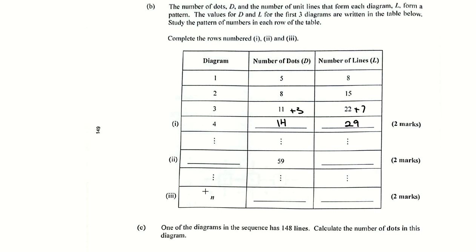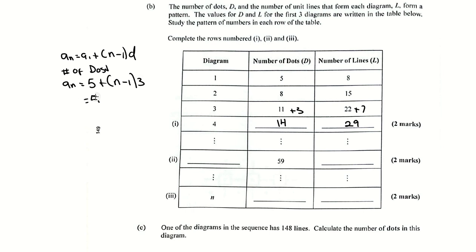Right, part 3, we'll do this part first and then this. To find the formula, you need to know this formula here: the nth term a_n equals a_1 plus n minus 1 times the common difference d. If we're looking at number of dots, a_1 is your first term, so your nth term would be 5 plus n minus 1 times a common difference of 3.